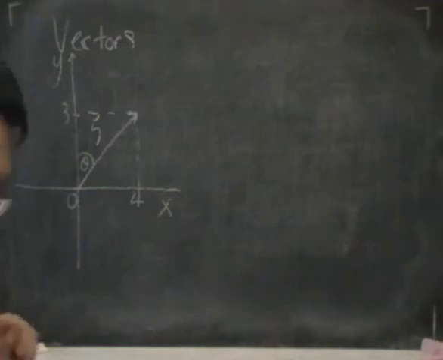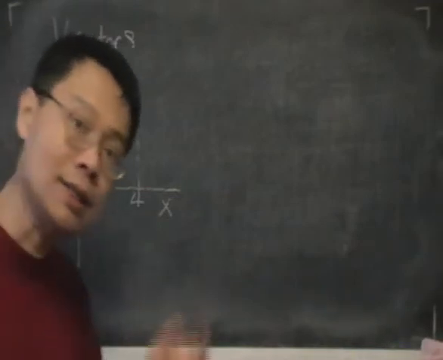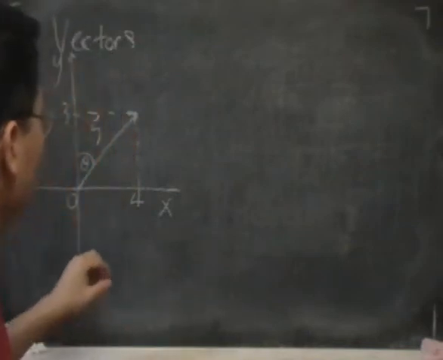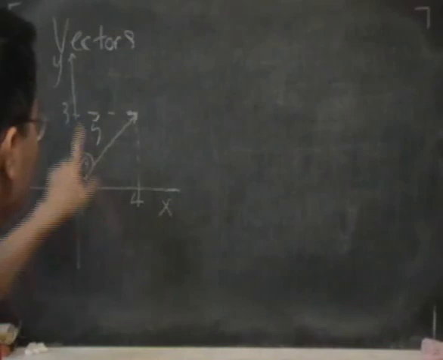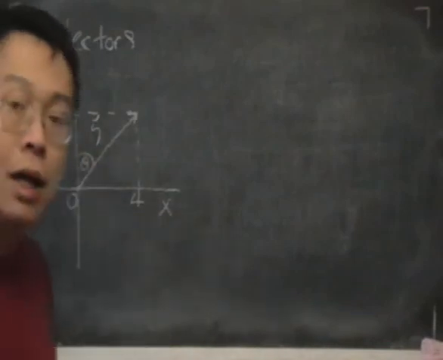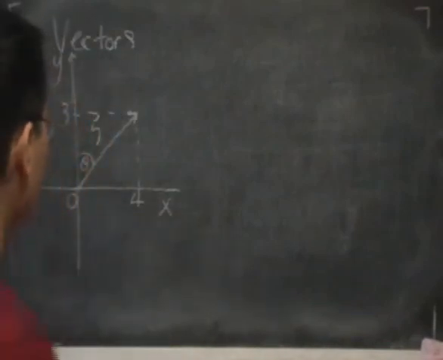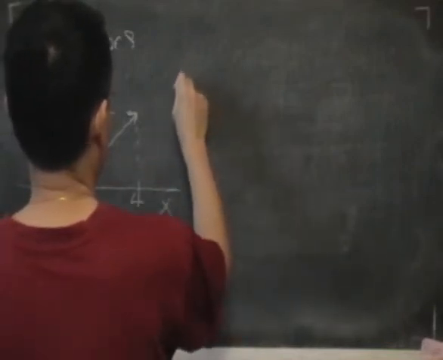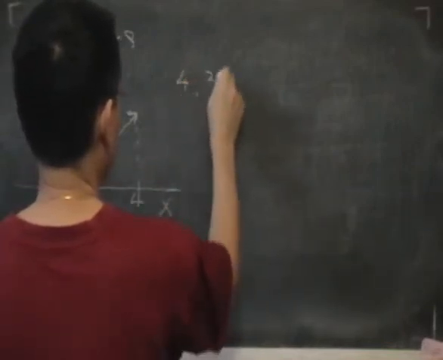And in the last session I talked about matrices. Now we can simply write this information 4 and 3 and arrange them in the form of a matrix. So one way to do that is to write 4, 3.